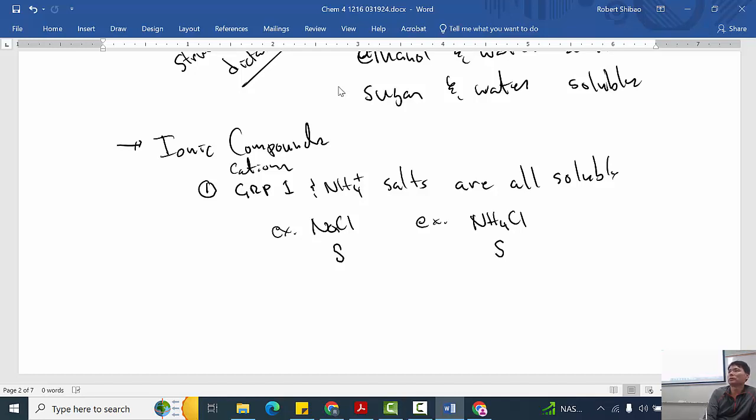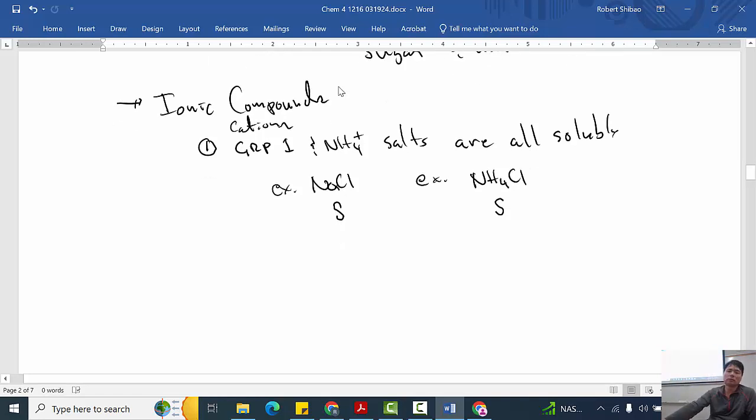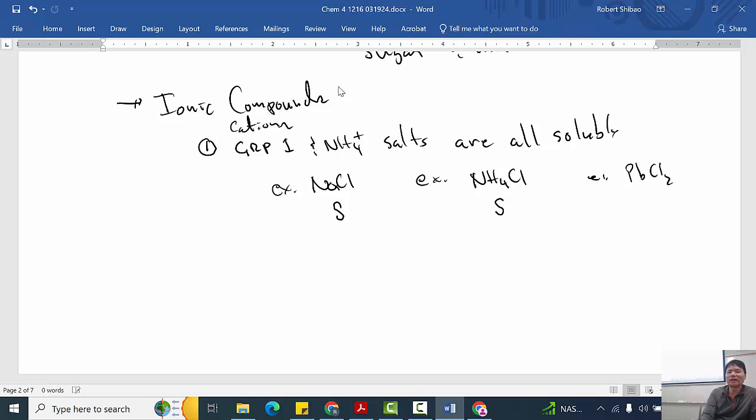Soluble also. What if we have lead 2 chloride? Lead 2 chloride, that's a question mark. It doesn't fit rule 1. So what we have to go on to is rule 2.